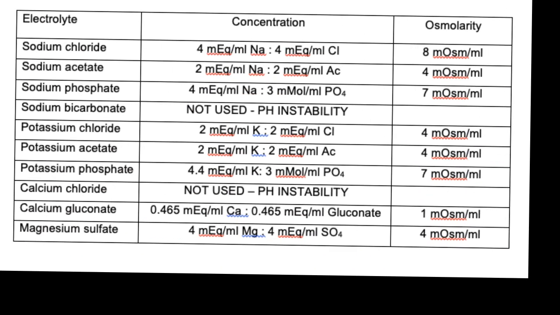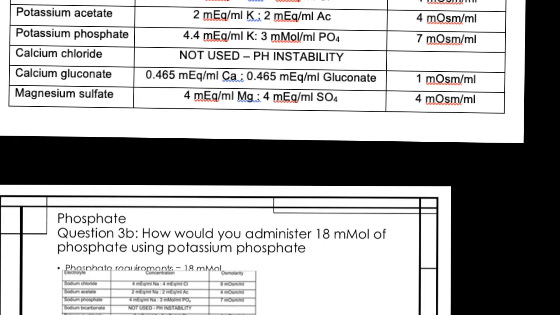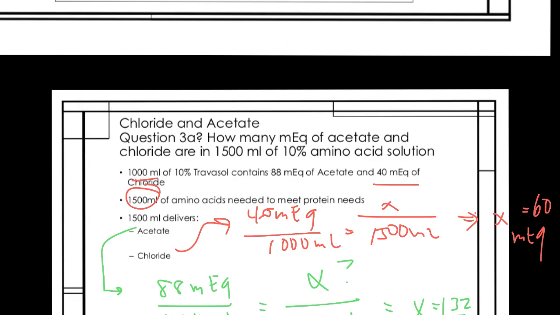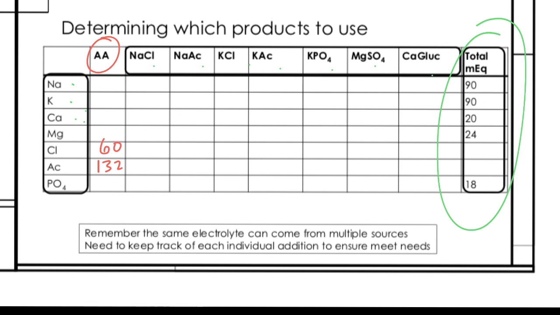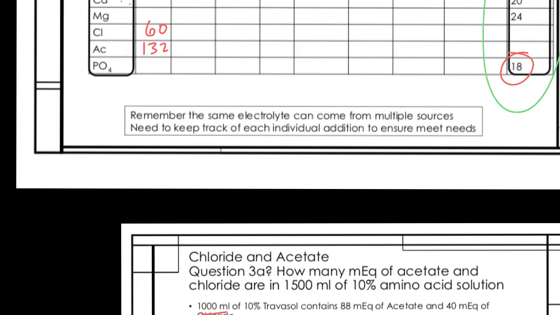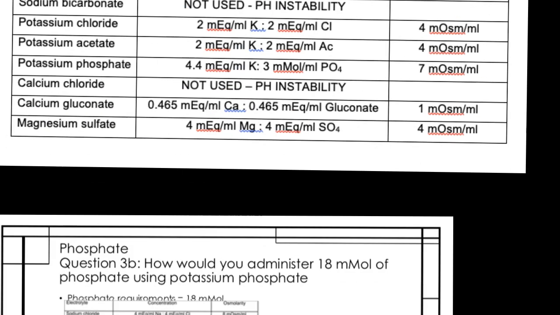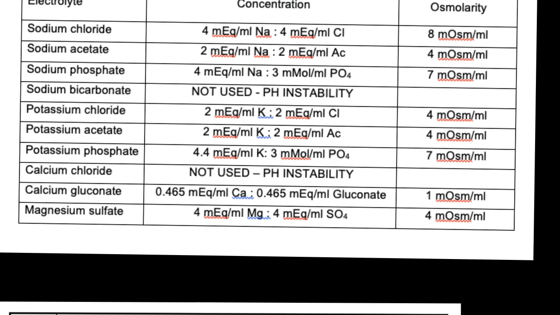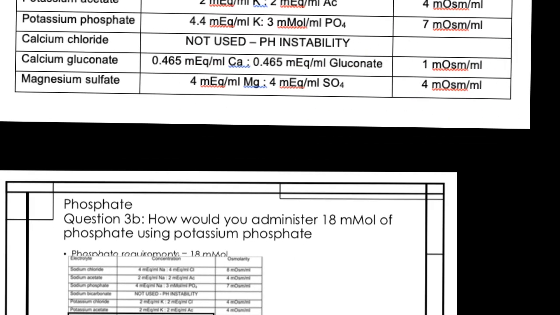Next up, we've got your phosphate. So how would you administer 18 millimoles of phosphate using potassium phosphate? You know from here that the phosphate requirement is 18 millimoles. You're going to use potassium phosphate per the question.